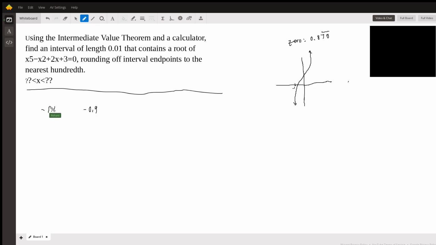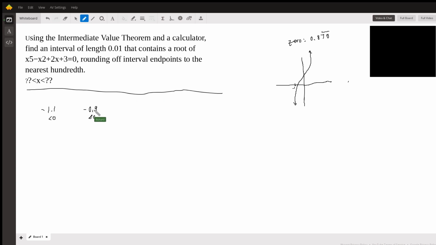I put this into my equation editor, the y equals, and now I'm going into my table feature, and I find -1.1 on my table, and this is giving me a -2 answer. So all we really need to know is that this is below 0. And when I go to -0.9, it's giving me a negative answer. So that's no good. So I can't use this interval.